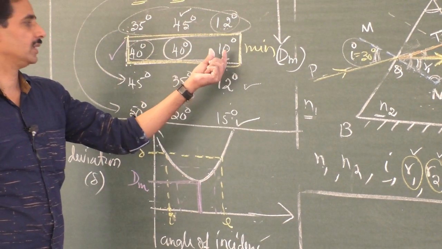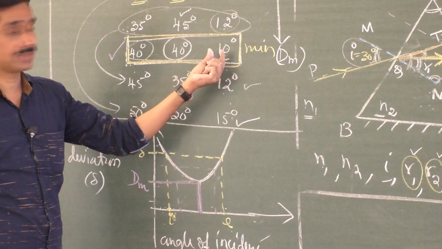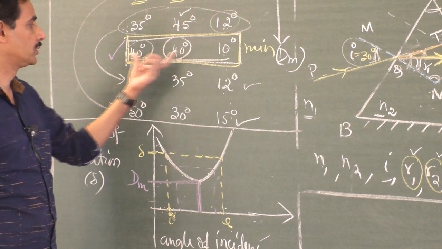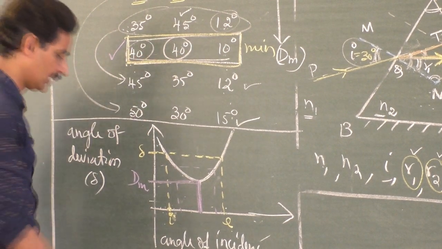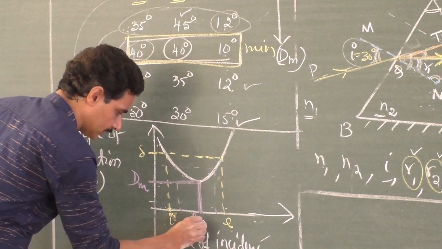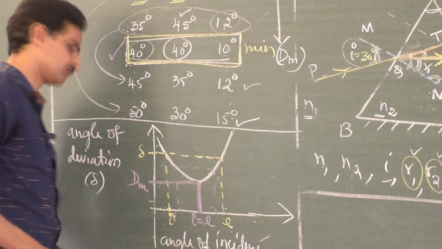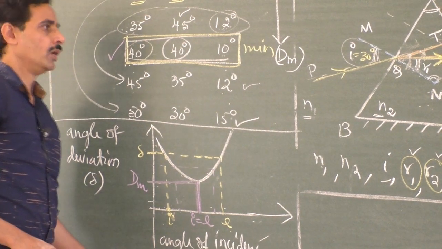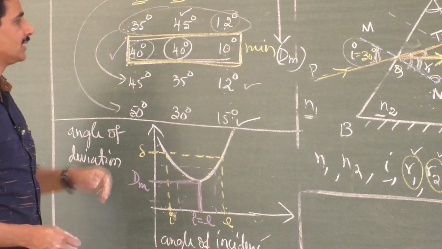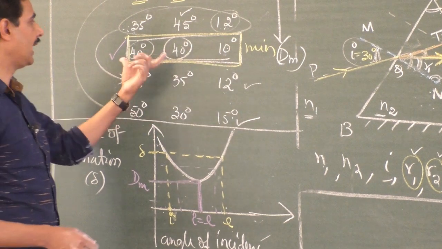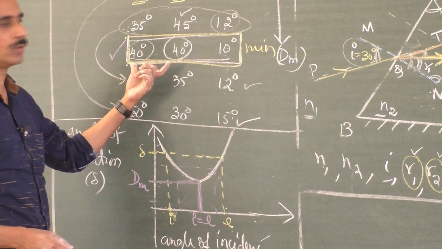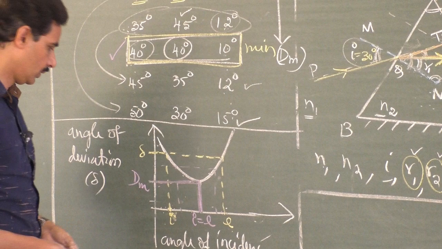The minimum value of deviation has been obtained for two angles of incidence which are equal. So shall I write I equal to E here? They have become equal. So that part is also important. Angle of deviation will be minimum when angle of incidence and emergence are equal.